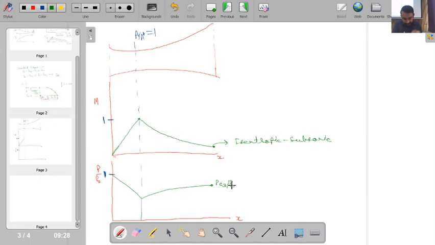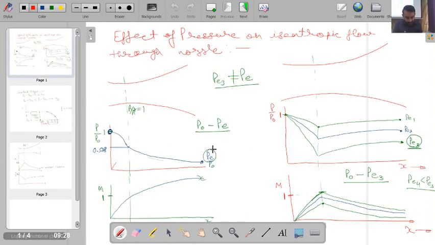Now another important point is, if I am able to maintain the pressure equal to PE, what is this PE pressure? It is the exit pressure for the isentropic subsonic-supersonic situation. If you see my first slide, PE is the one which maintains isentropic subsonic-supersonic flow. Let me call it PE0, if it is creating confusion with the exit pressure PE.